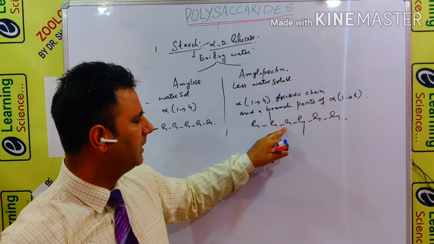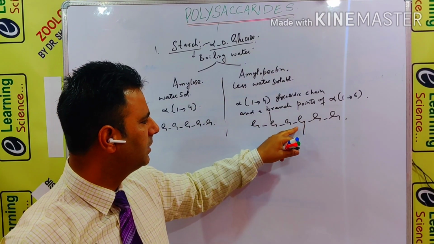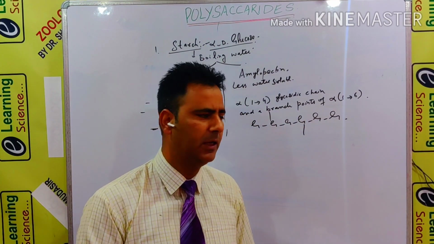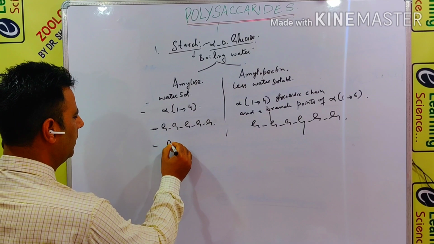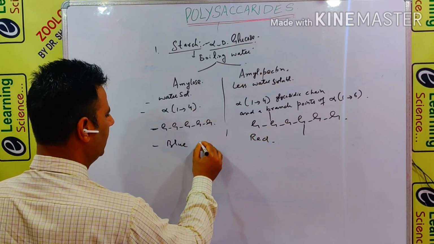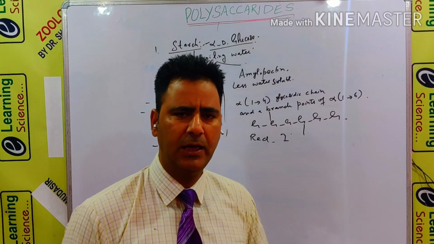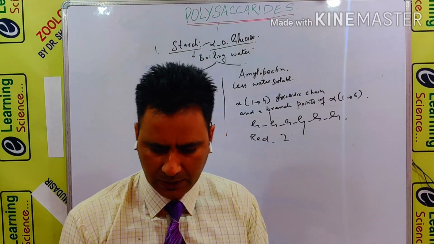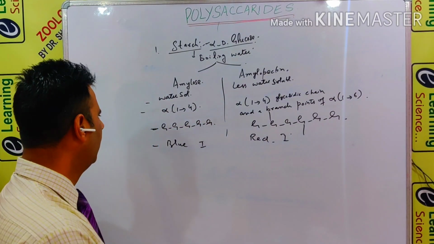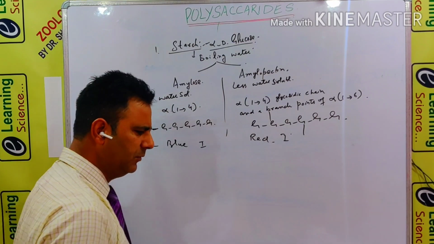So amylopectin has branches in addition to the linear structure. You have to note it. Amylose gives a blue color with iodine, and amylopectin gives a red color with iodine. And both of them, whether amylose or amylopectin, can we digest starch?